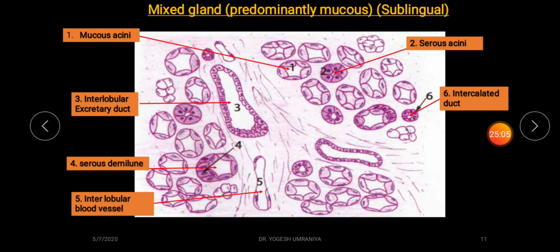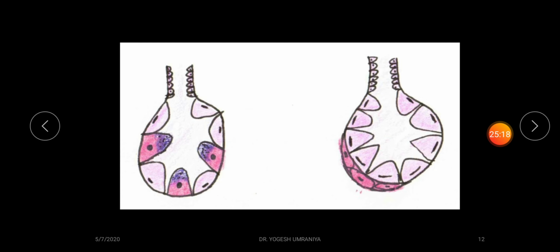And here you can see the adipose cells, signet ring cells. So this is something regarding the sublingual gland. Now with this figure we will understand how the serous demi-lune is going to be formed.